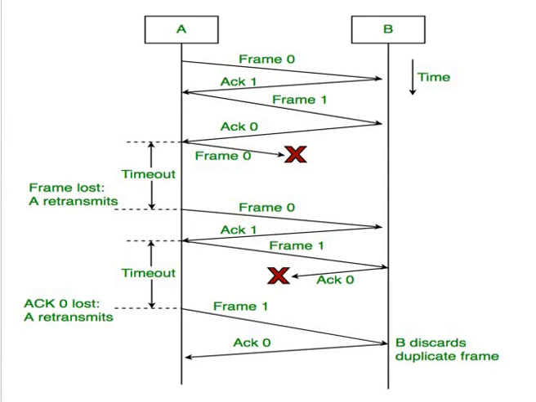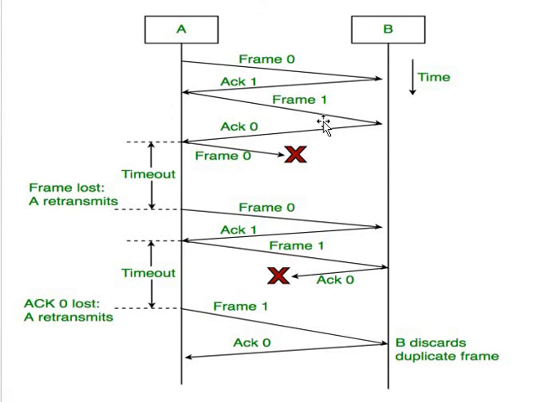Sequence number 1 means the sequence number of the next expected data frame or packet. There is only a one-bit sequence number, which implies that both sender and receiver have a buffer of only one frame or packet.